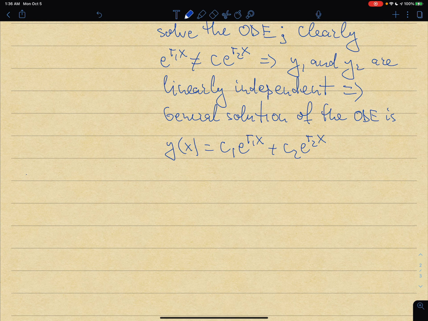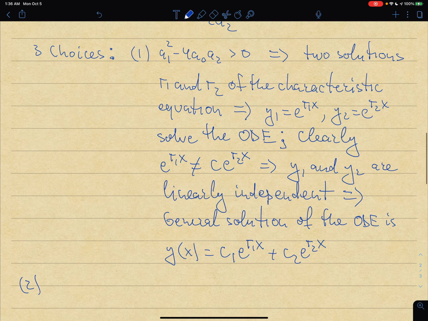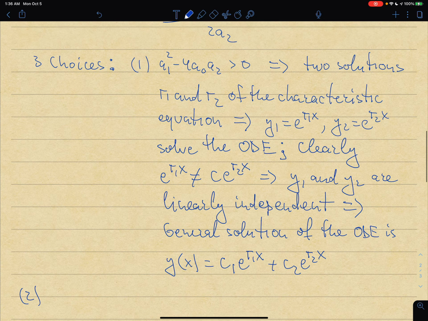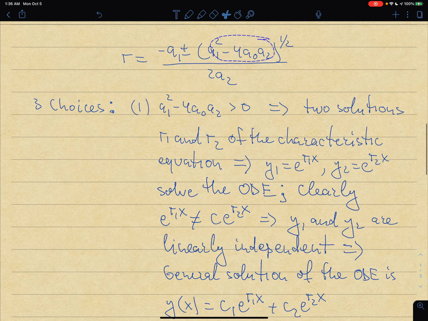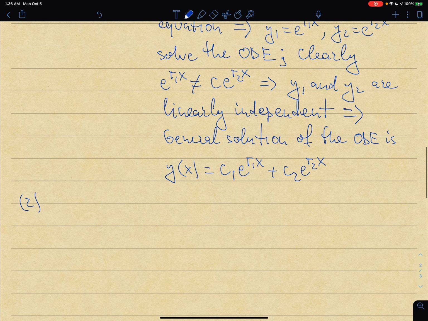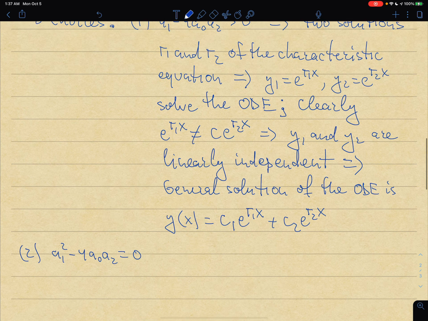Let's do choice number 2. The second choice is going to be that the expression under the square root is no longer positive, but it's equal to 0. So a1 squared minus 4 a0 a2, this is equal to 0.